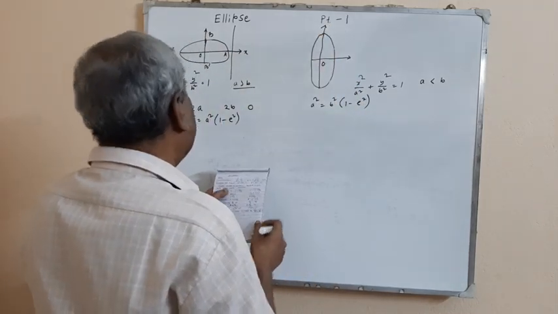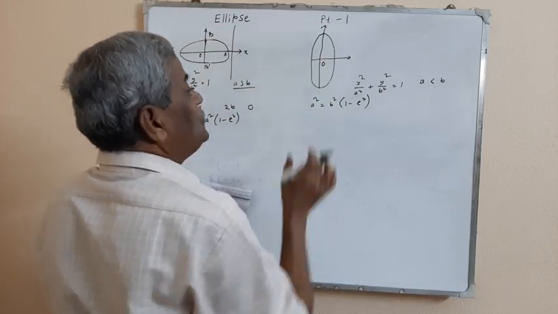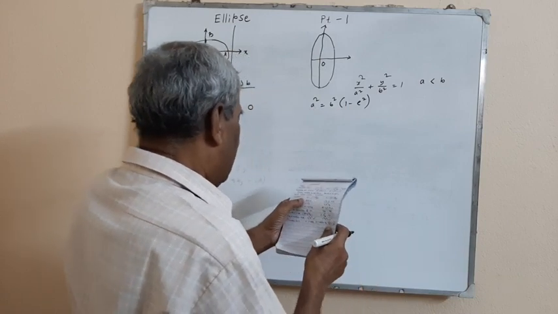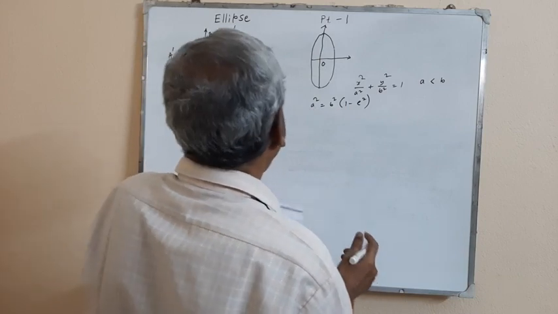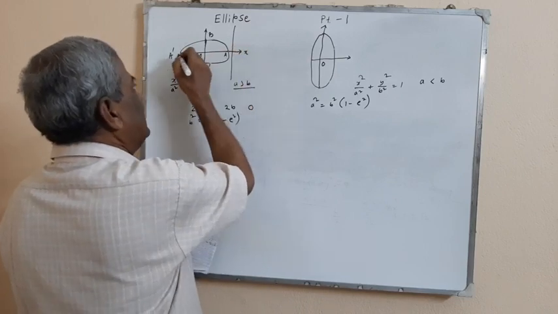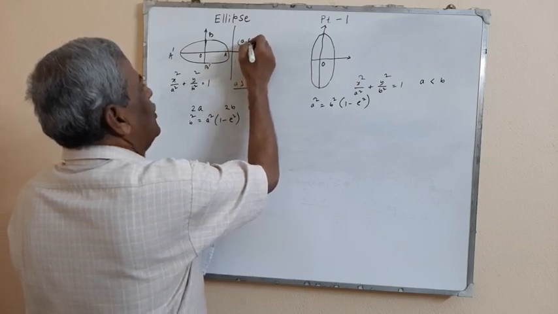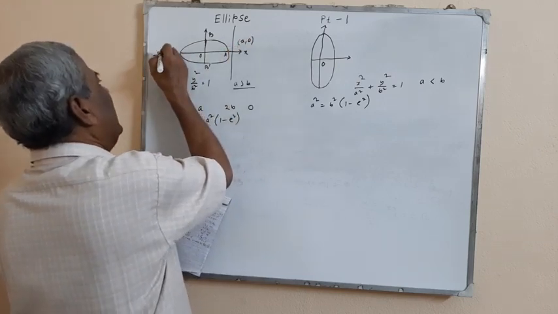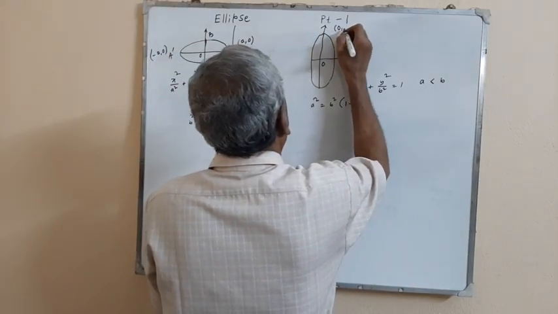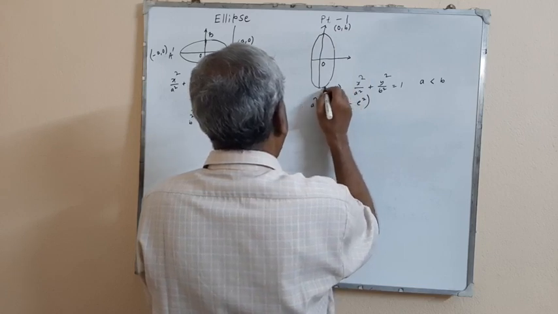And the minor axis is 2B for this, and 2A for that. A and B are interchanged always. Vertices: for this case, the vertices are A, 0 and minus A, 0. For that case, they are 0, B and 0, minus B.